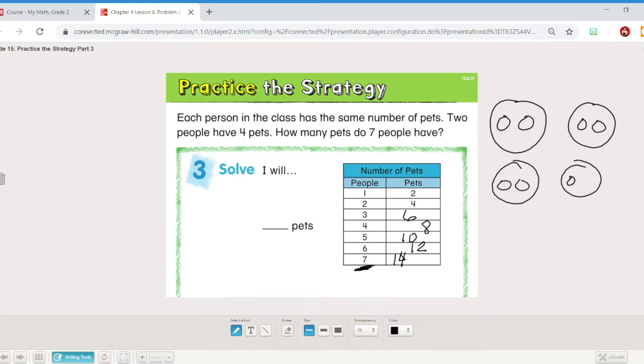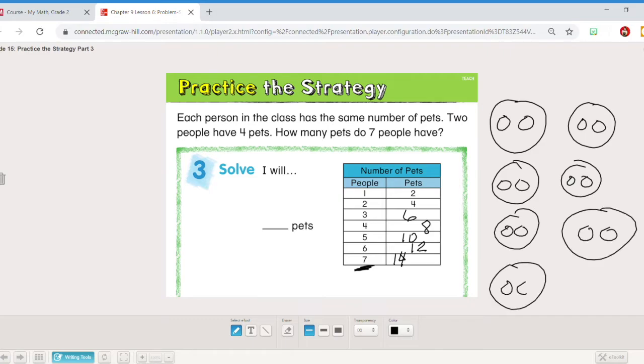3, 4, 5, 6, 7. So each big circle is each student, and the two little circles represent the individual pets they have. 2, 4, 6, 8, 10, 12, 14. Now you don't have to do the drawing on the side, but that's my way of visualizing what's going on inside the chart.